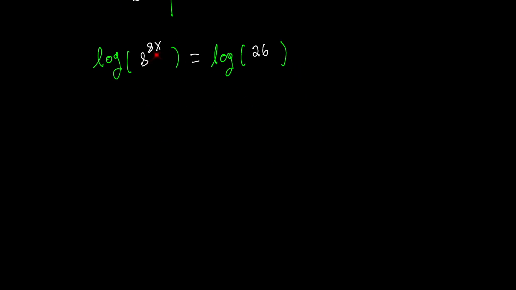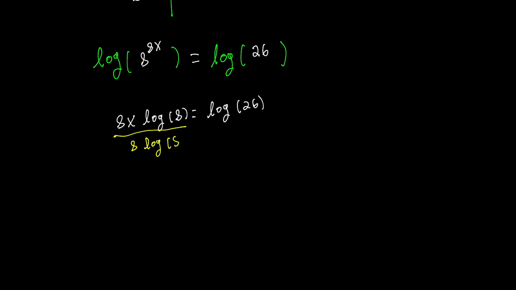That allows me to rewrite this whole expression, because my argument has an exponent. So I'm going to move that exponent next to the logarithm, giving me 8x log 8 equal to log of 26.